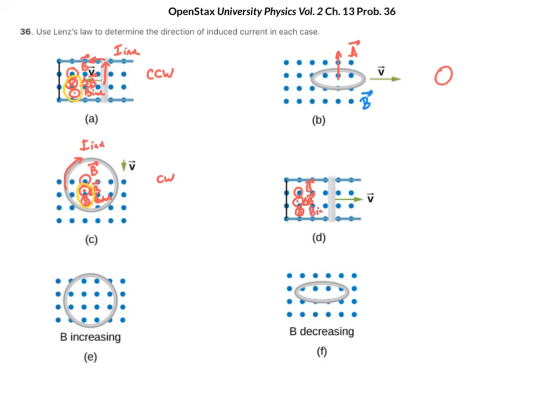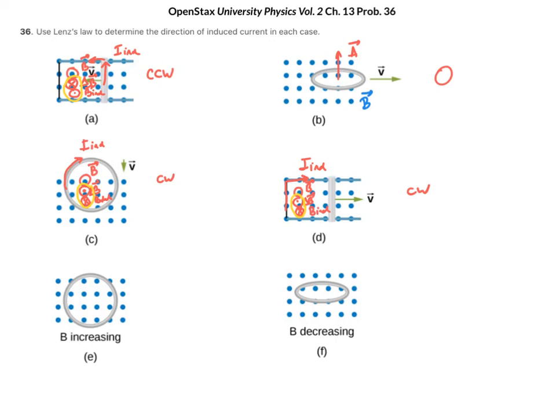So that's the induced magnetic field. Again, it's opposing that change in the magnetic field. So now we place our right hand in the direction of the induced magnetic field, with our fingers into the loop. Our thumb is going to circle around in this direction. So this is I induced, and that will be clockwise.